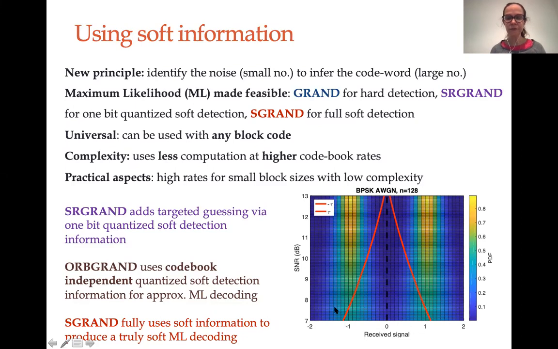As the signal to noise ratio goes up, the concentration around the actual transmitted symbol, say -1 or +1, goes up. This is a heat map where cooler colors indicate lower probability density function values and warmer colors indicate higher ones. And as the signal to noise ratio goes down, you get a more and more diffuse range.